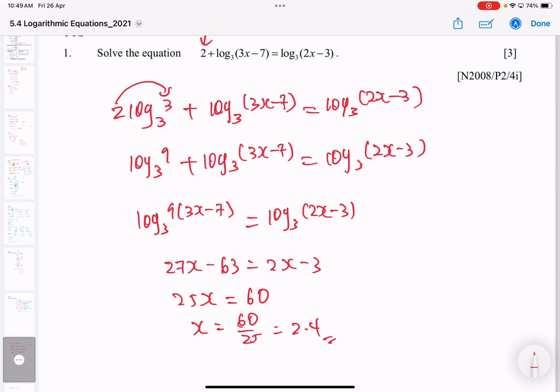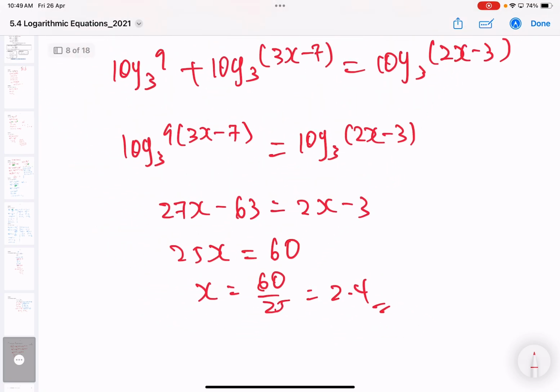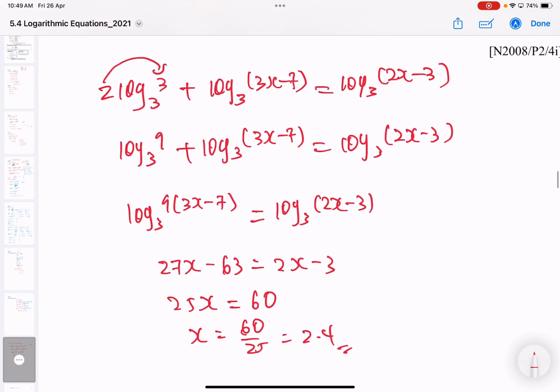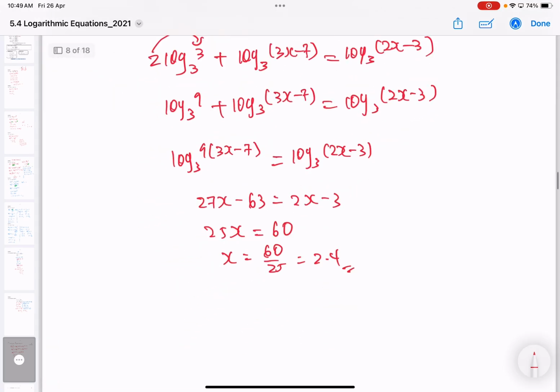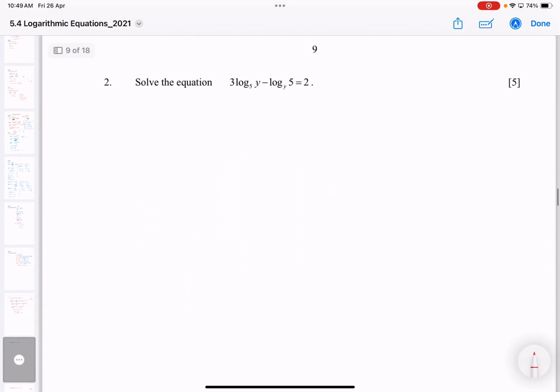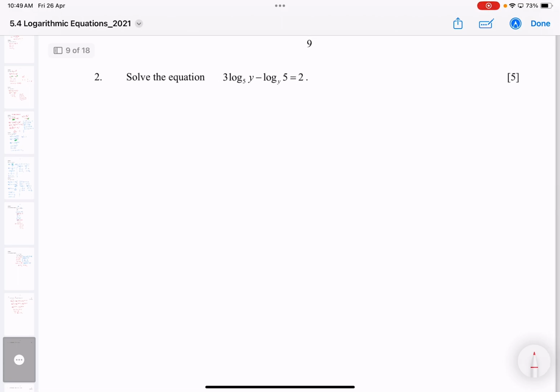Yes, of course. And the next one is also an O-level question. It's 5 marks. Yeah, these are O-level questions.